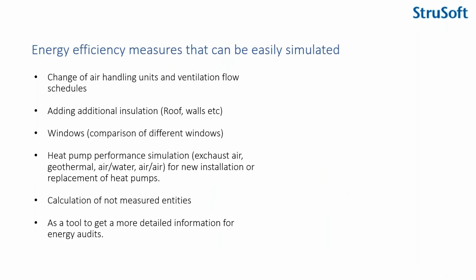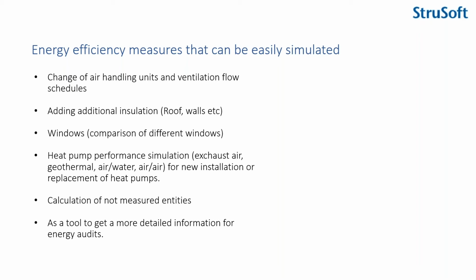And then a few words on, for example, the things that we can calculate with this software. We can simulate if we change air handling units or ventilation flows and the schedules for them. We can add additional insulation on roofs or walls, or change windows, compare different types of windows and see the energy saving potential, compare it with the cost, of course.